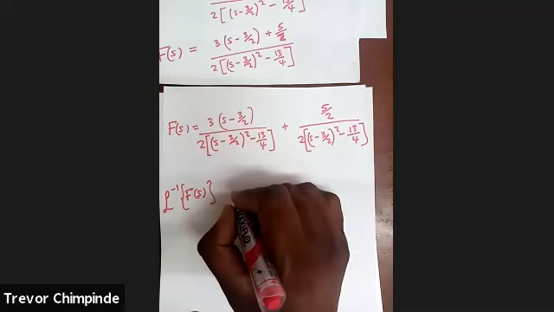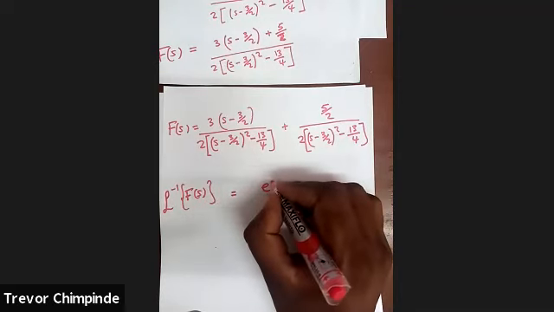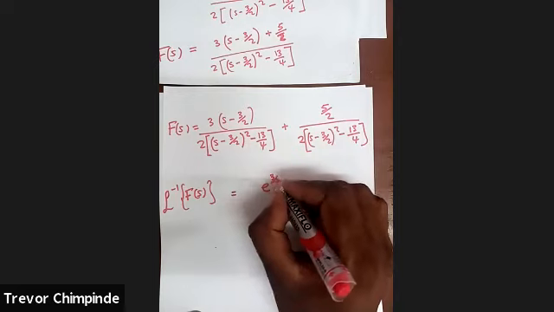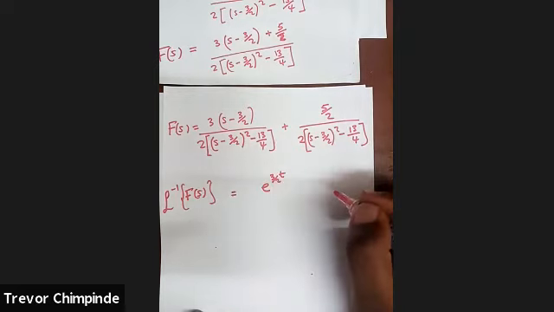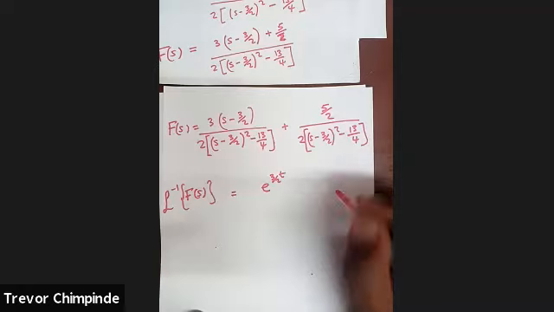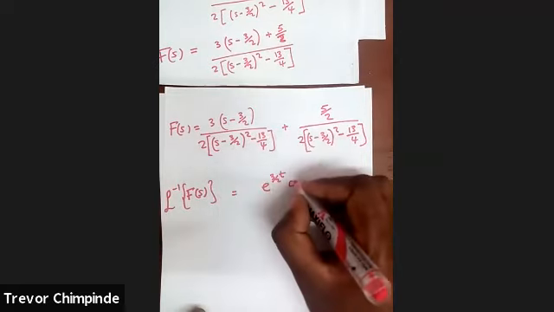Anyone? e to the power negative 3/2... oh, sorry, e to the power 3/2 t. Yes, so it's equal to e to the power 3/2 t, and then we have cos. Really? Hyperbolic cos. The hyperbolic cosine, because we've got a negative here.